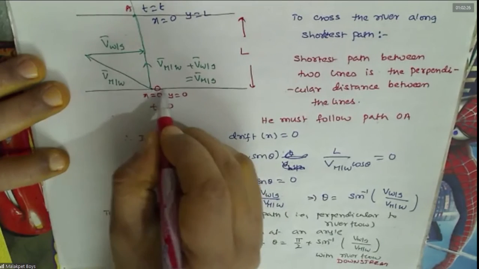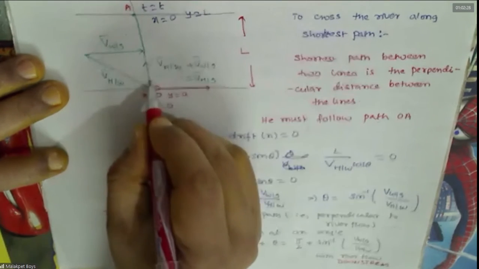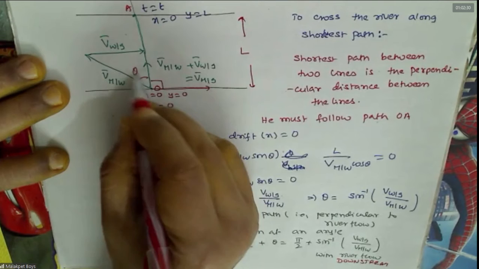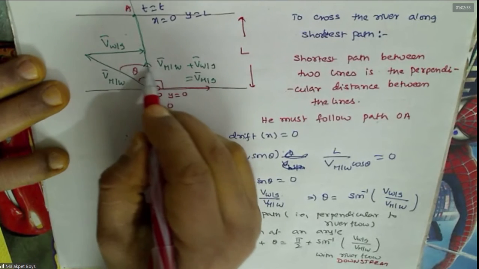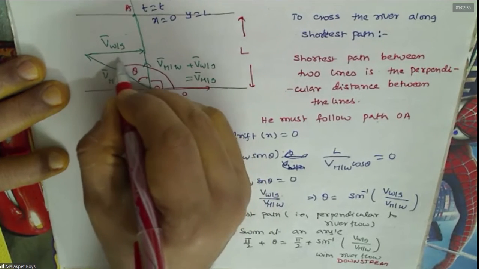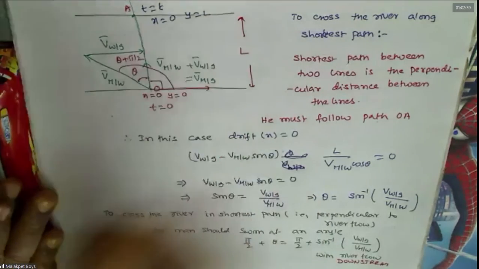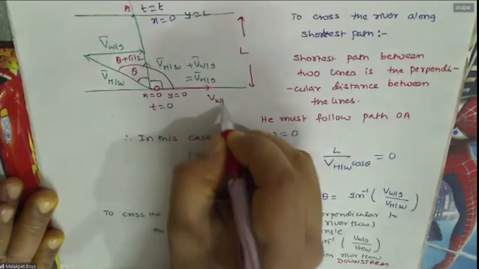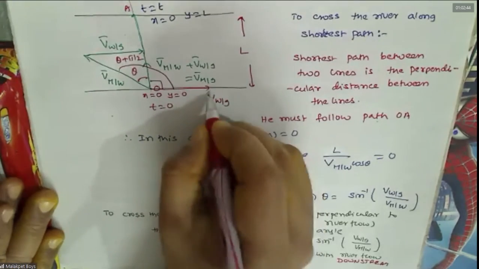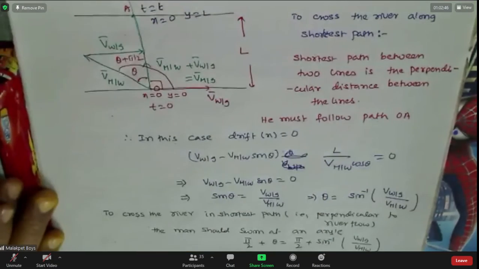Downstream. Because this is the river flow direction, no? This is 90, this is theta. So what is the total angle it makes? Theta plus pi by 2. Agreed or not? This is the velocity of water with respect to ground. It always flows like this, no? Am I right or not?